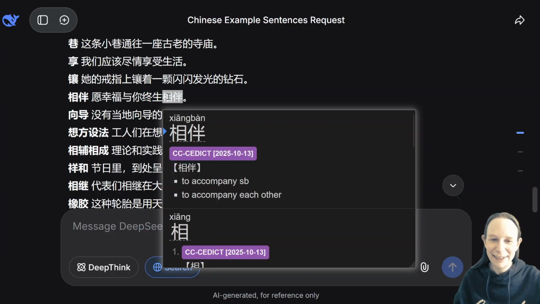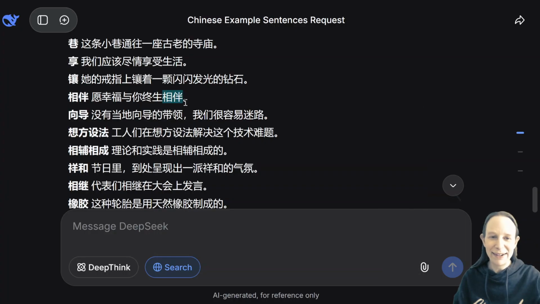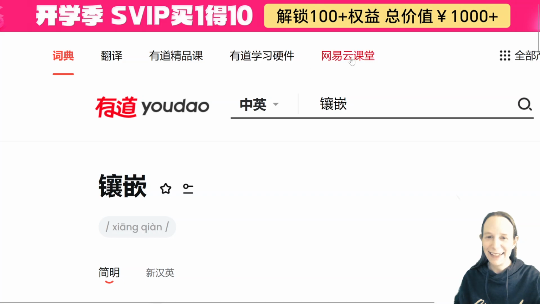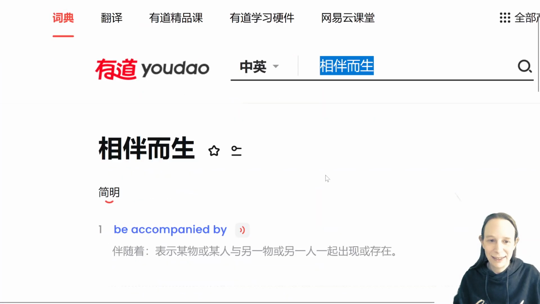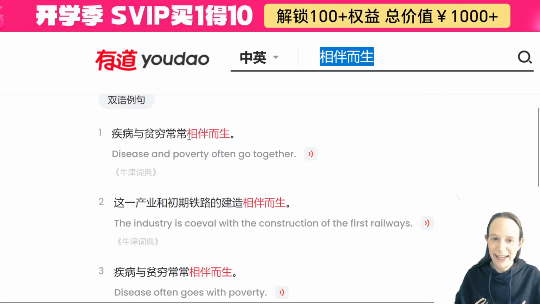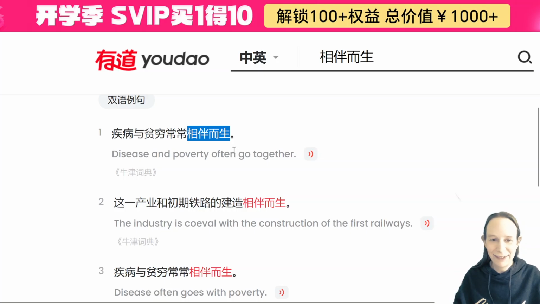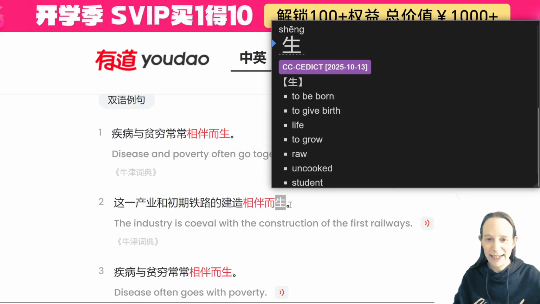All right, 相伴, to accompany someone. Maybe we don't have to get so flowery as that example. Let's 相伴而生, be accompanied by the death, well, to the end of life or something. No, 相伴而生, no, come together.